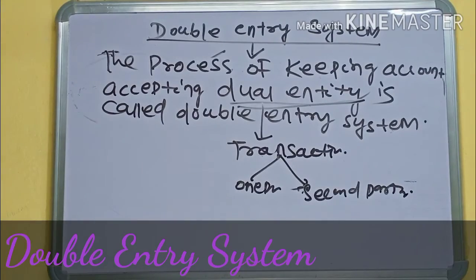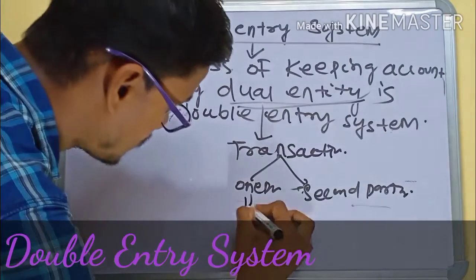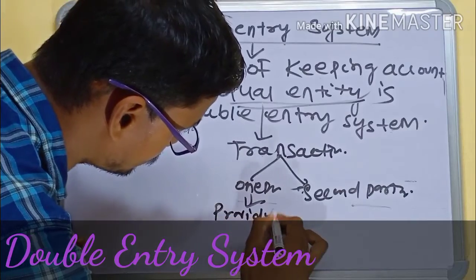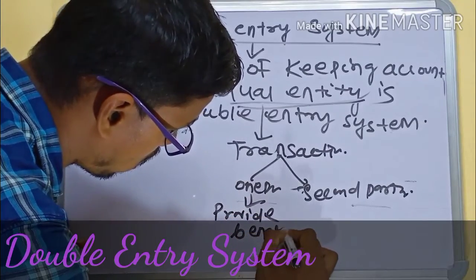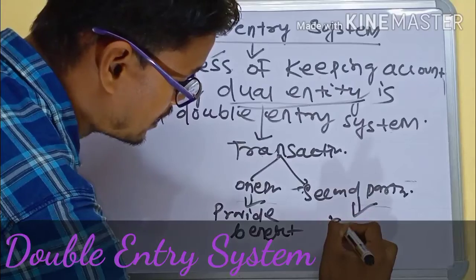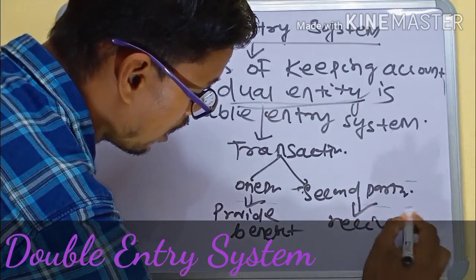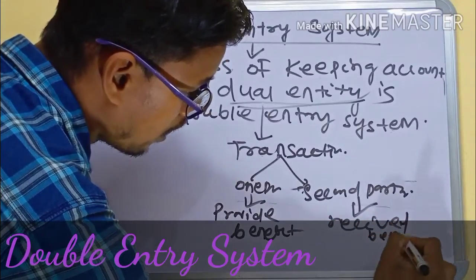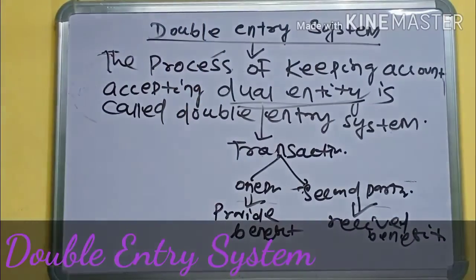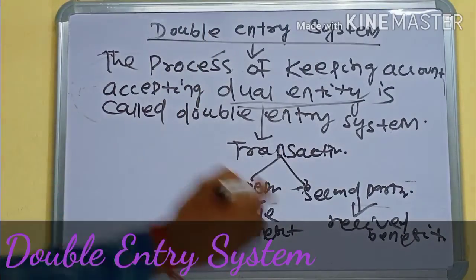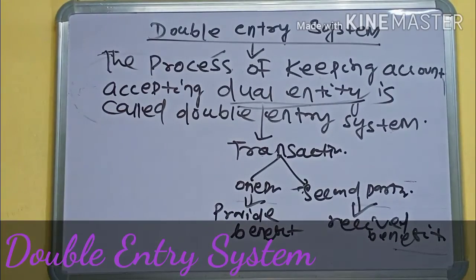One provides a benefit and another one receives the benefit. It is called the dual entity of a transaction.